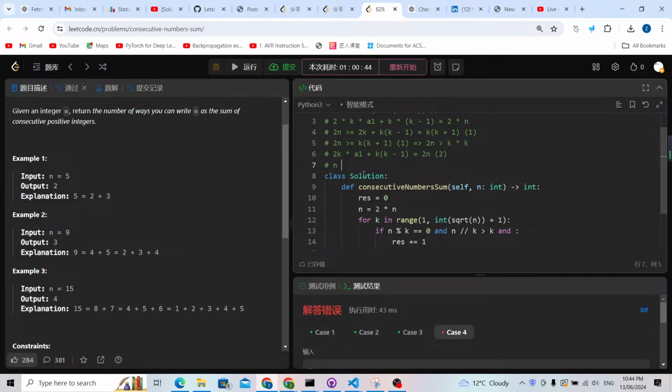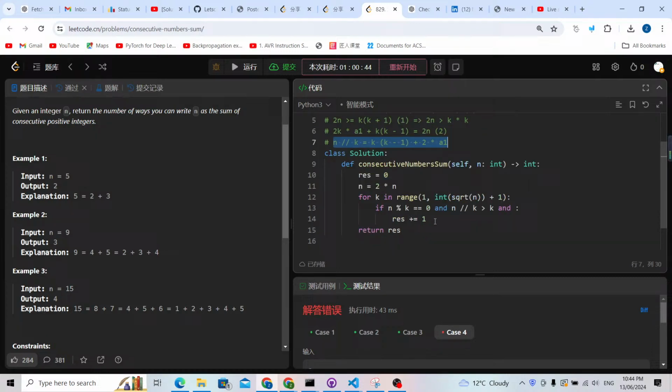So n divided by k should equal k times k minus 1 plus 2 times a1. So this is going to be the second formula. We can still get it like this.